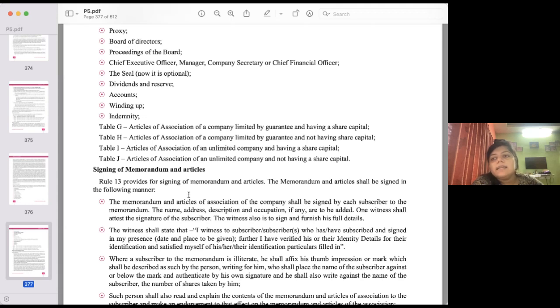The next is regarding dividends and reserves. How do you pay out dividends? Because the only account from which you can pay out dividends is your profit account. And paying dividends is an act that you have to do with respect to your shareholders.